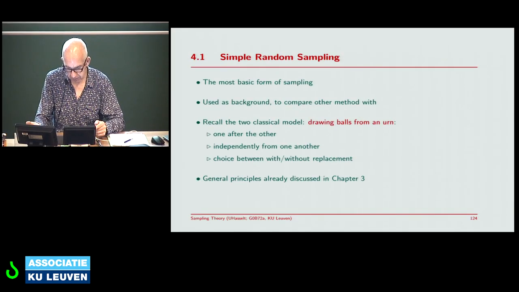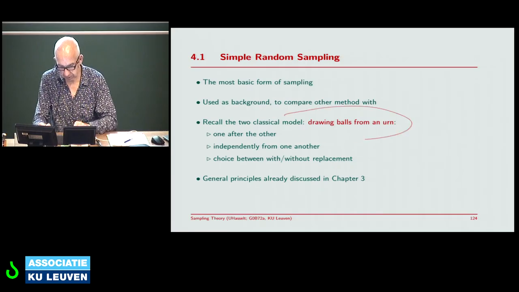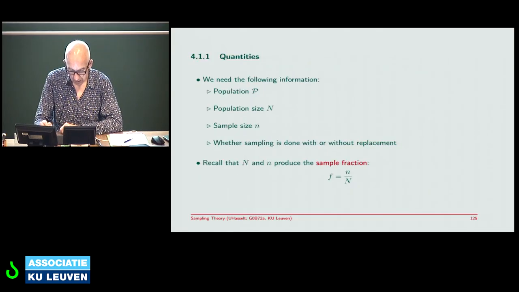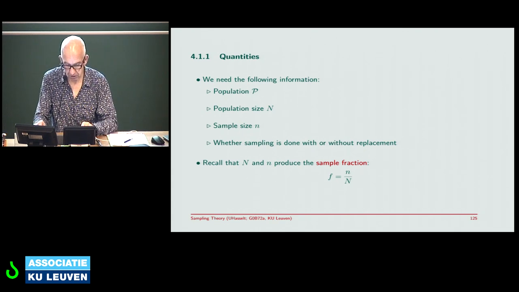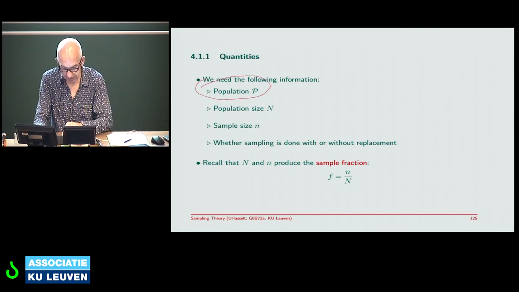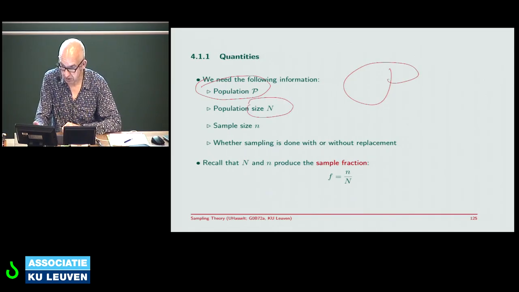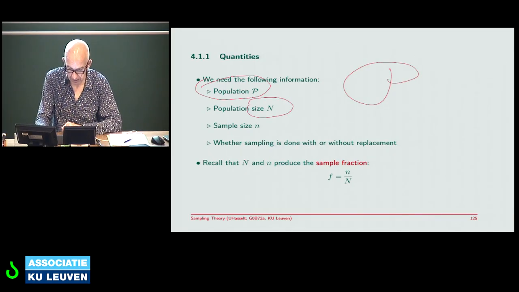Well, simple random sampling, as said before, the typical paradigm is we draw balls from an urn, or we flip a coin, for example, for 0s and 1s, etc. The quantities that we have to define, and this is just a repetition of chapter 3, are the population, calligraphic P, the size of that population, N, for example, N is equal to 8.